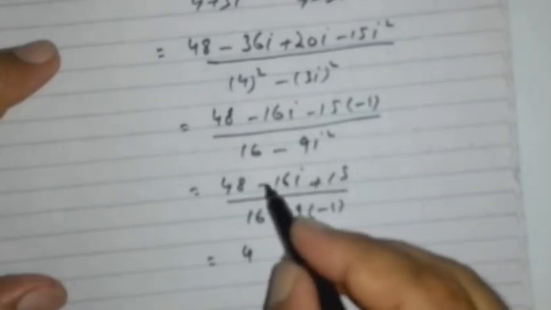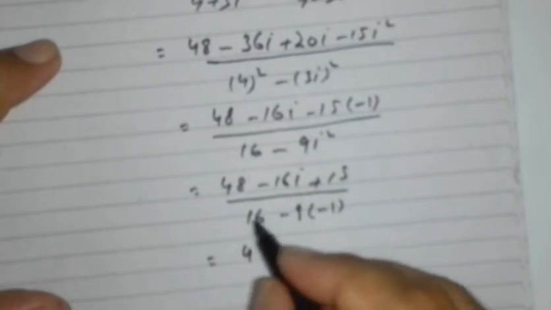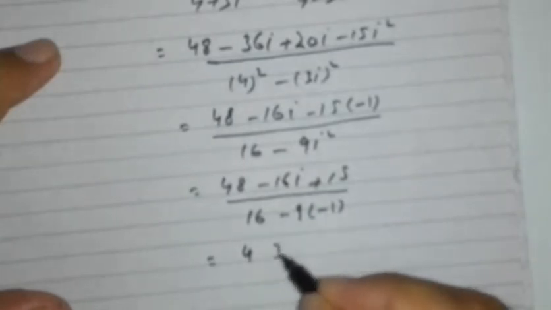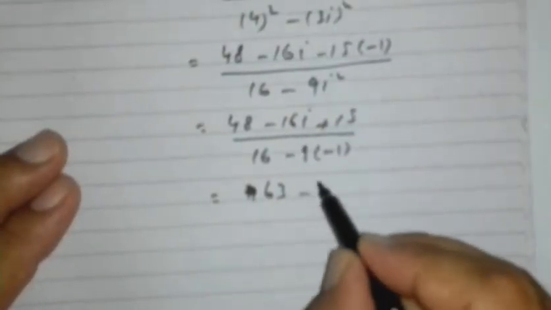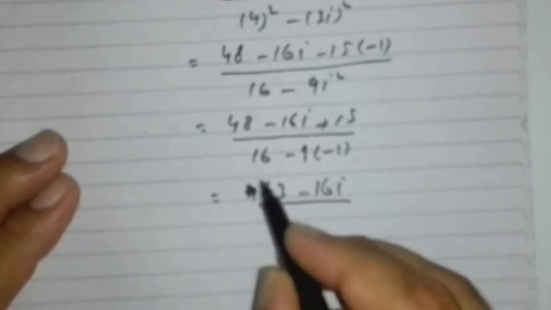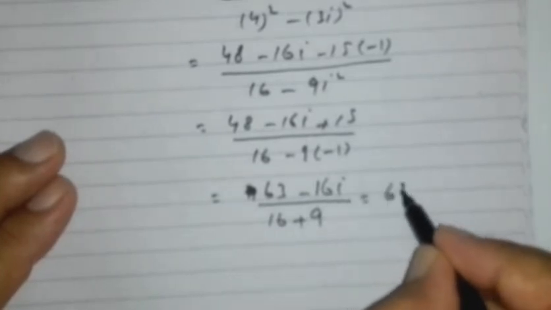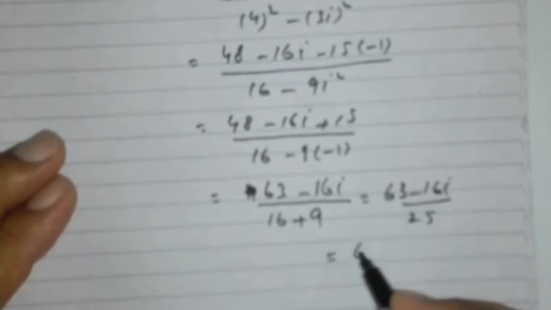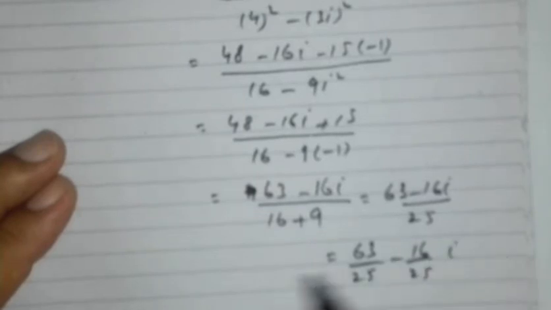So 48 plus 15: 8 plus 5 is 13, 1 plus 4 plus 5 plus 6 is 63. 63 minus 16 iota divided by 16, minus into minus plus 9, so 63 minus 16 iota divided by 25. 63 divided by 25 minus 16 divided by 25 iota.